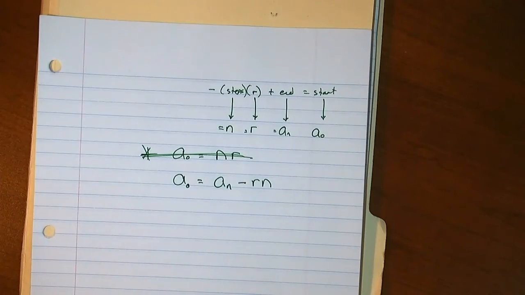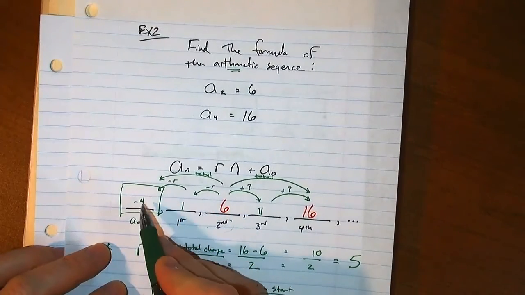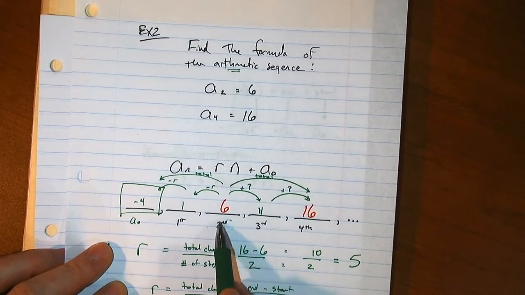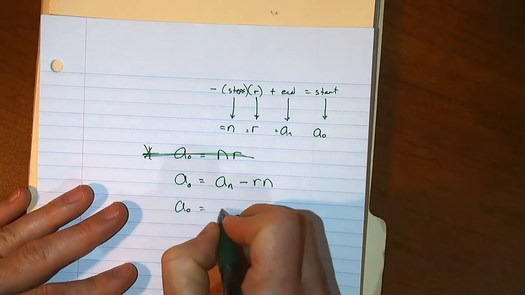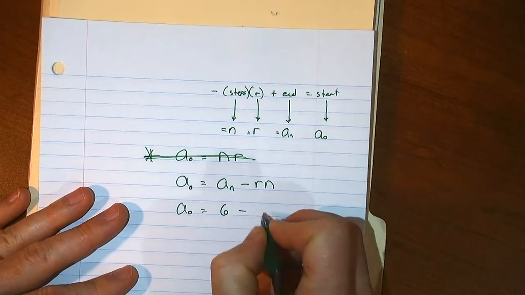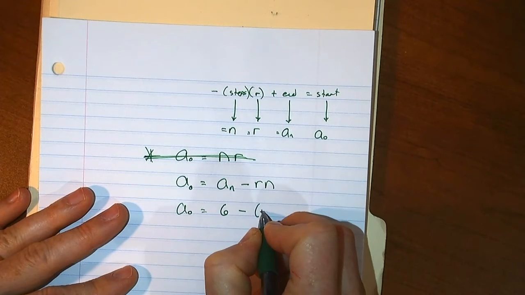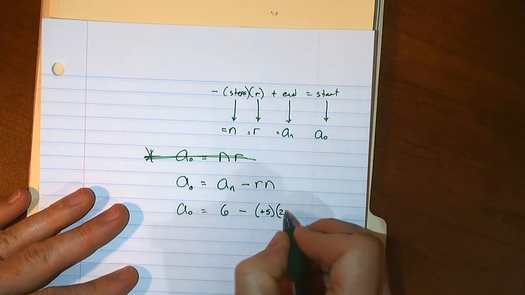Now in this case, notice that we're going to get the same answer. We already calculated by just subtracting twice that it's equal to -4. But if I plug in the 2 and the 6, a sub 0 equals the value of the term minus the rate of change, which was adding 5, we said, times the term.